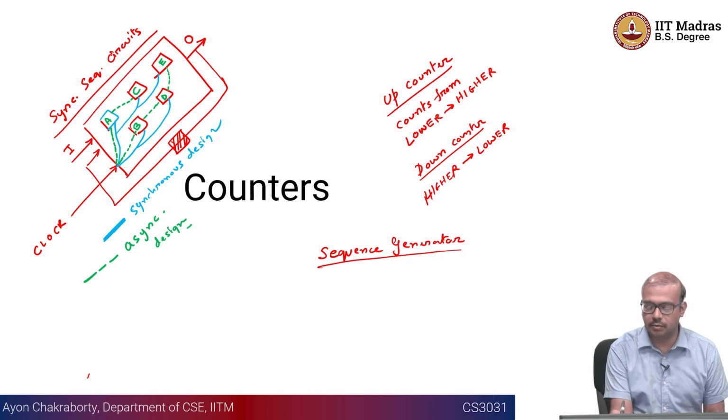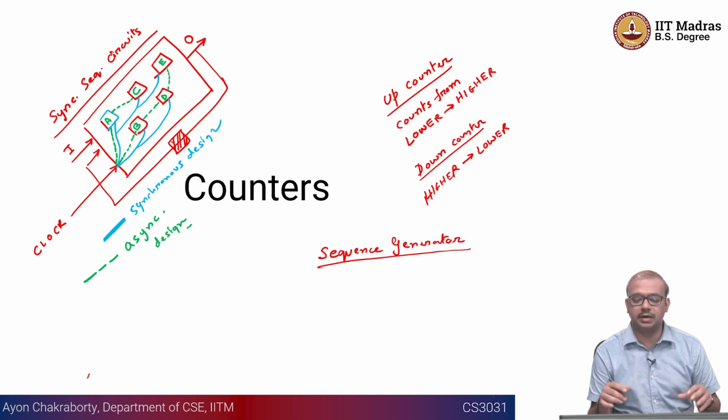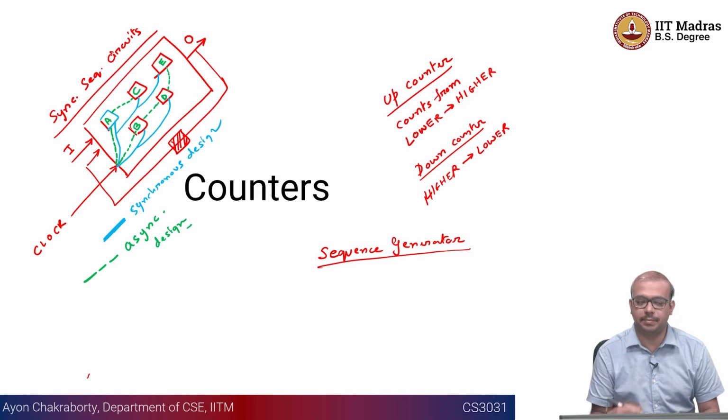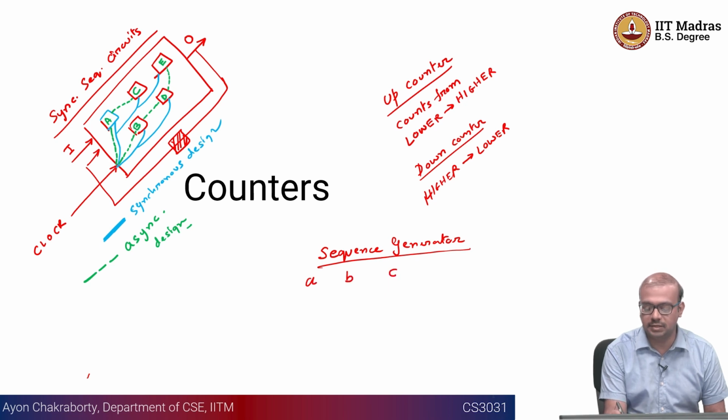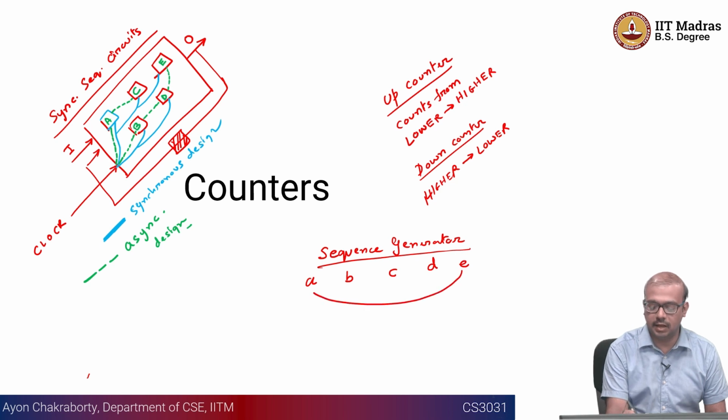It is similar to a counter, but it's a more generic way to capture what I am trying to say. This is going to be a sequence of numbers or outputs, whatever you want to call them. Let's say A, followed by B, followed by C, followed by D, followed by E, and back to A, right?